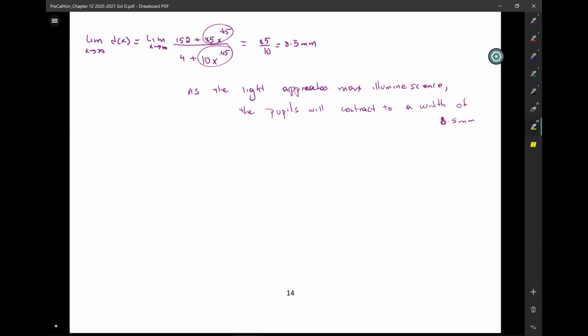Look at the keywords here. The light is a maximum. The pupil contracted to a width of 8.5 millimeters. Do you see the mathematical language there? That is important. The rest of it, the actual construction of the sentence, can vary as long as you have the important words.